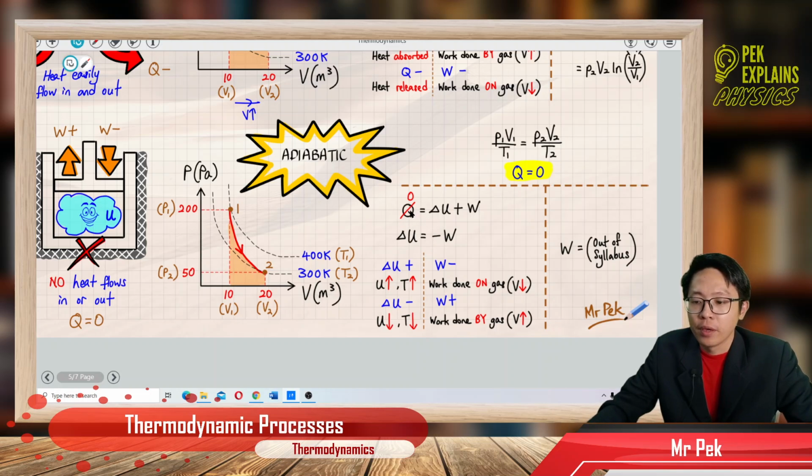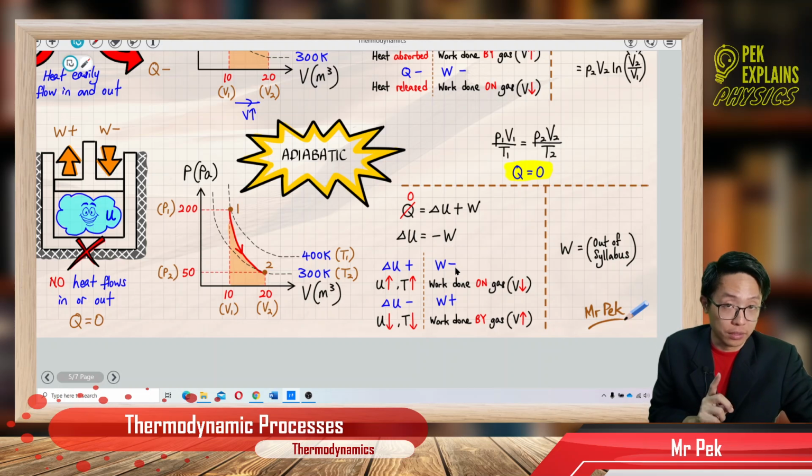Okay, you see, when Q is 0, we are only left with delta U and W. W goes to the other side, it becomes negative W. So delta U is equal to negative W. So when W is negative, delta U becomes positive.